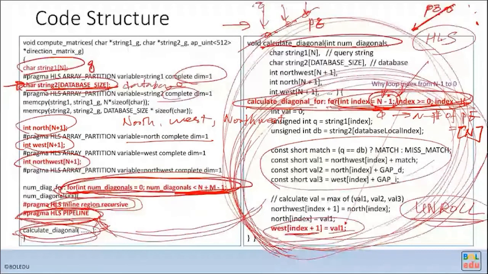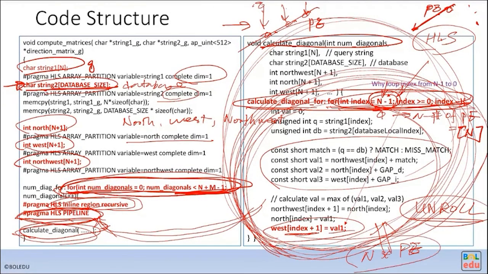That's the operation over a PE, and you unroll, so you will instantiate N PEs. So that's the code structure to generate a 1D systolic array.